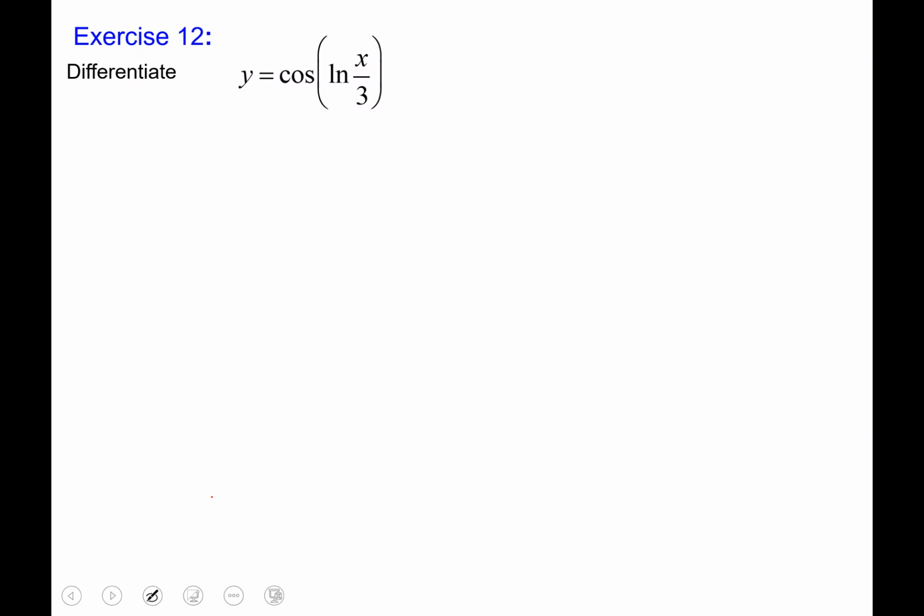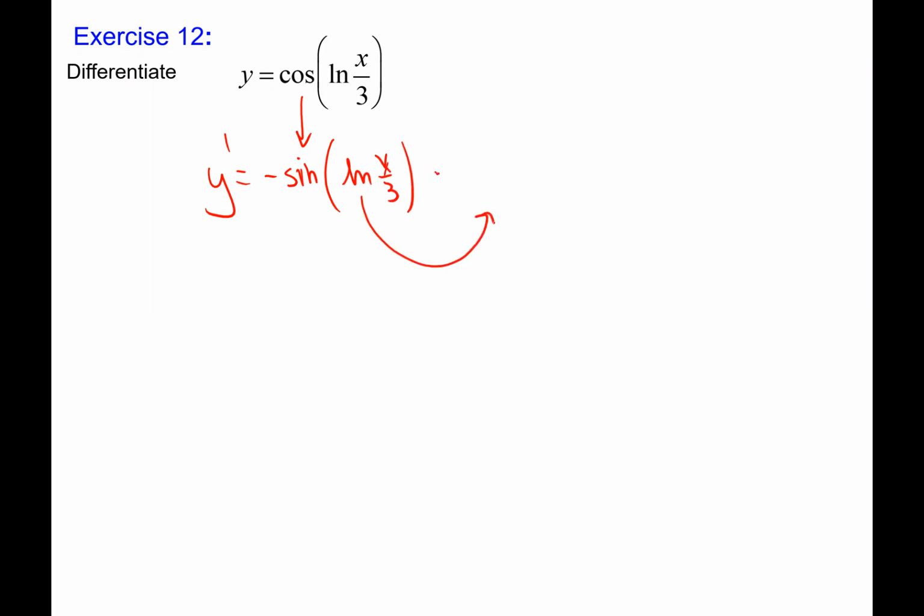Differentiate cosine of natural log of x over 3. No product, just two inner functions. Derivative of cosine is negative sine of the same angle, I copy this, times the derivative of that angle.